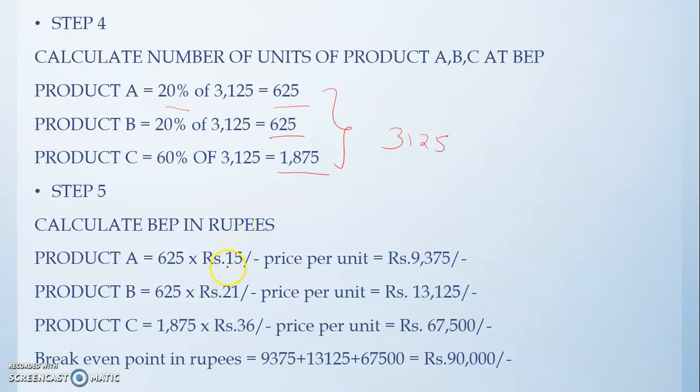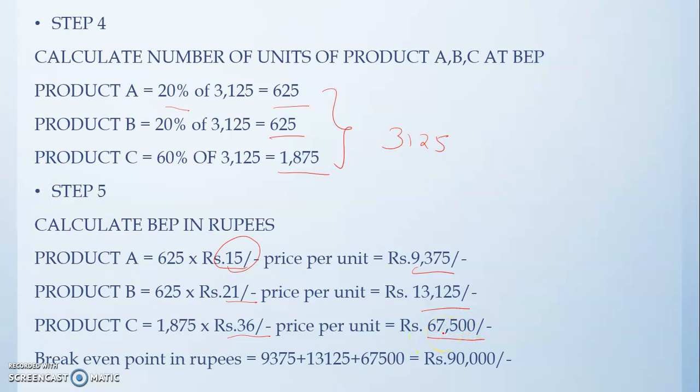Now when you want to calculate the break-even value, or the break-even point in rupees, we know the selling price of A is given as 15. So product A will have 625 units into 15, which is 9,375 rupees, and for product B the selling price is 21, so this break-even value is 13,125, and for product C it is 36, so we get the break-even value at 67,500.